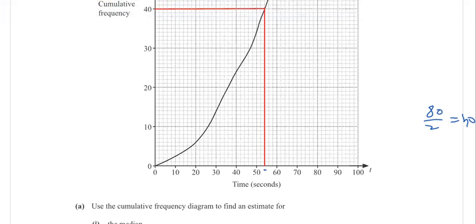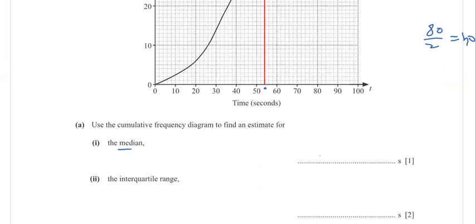From 0 to 10, there are 1, 2, 3, 4, 5 boxes. There are 5 boxes from 0 to 10. So it means each box is equal to 2. So 50, 52, 54. So this is 54. It means the median is 54. 54 seconds is the median.